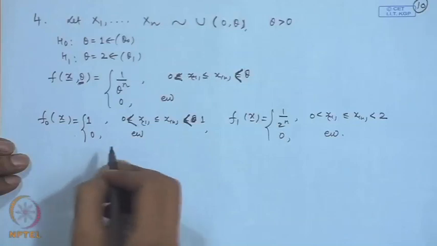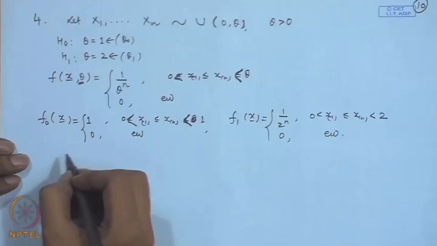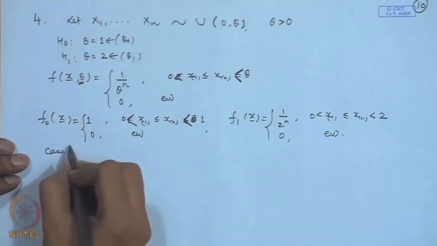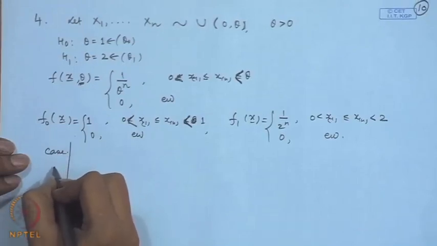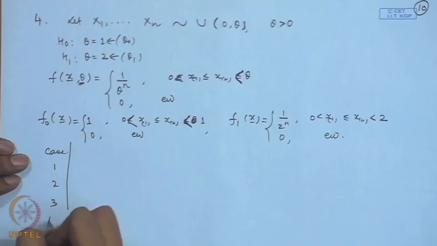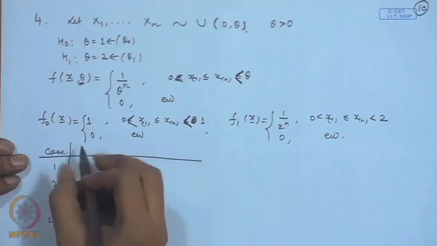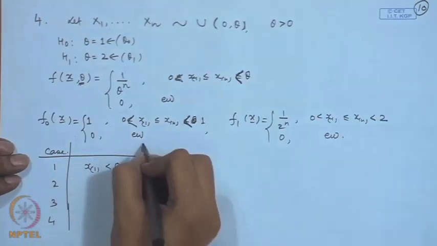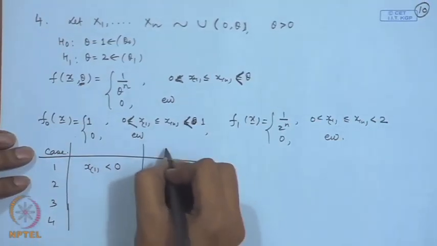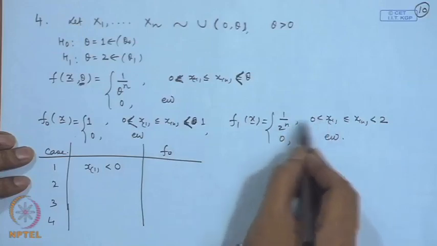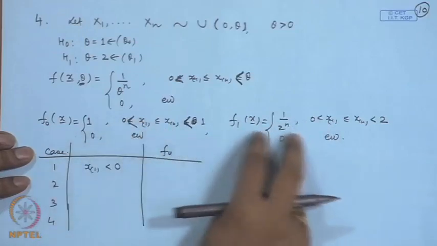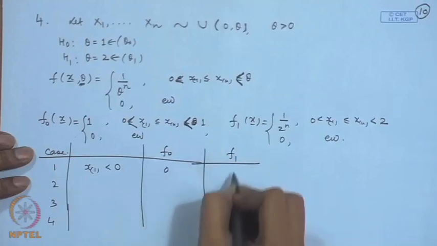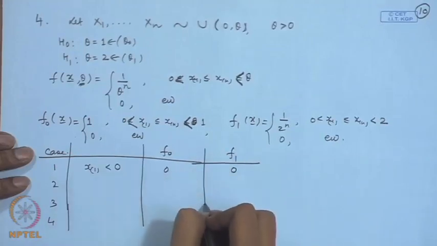Okay. So, we will make it in the form of a table. Let us consider case 1, 2, 3, 4 like that. I will write all the cases which may be trivial or non-trivial. If we observe x 1 to be less than 0, obviously, this is not possible. So, both the densities f 1 and f naught are 0 here.